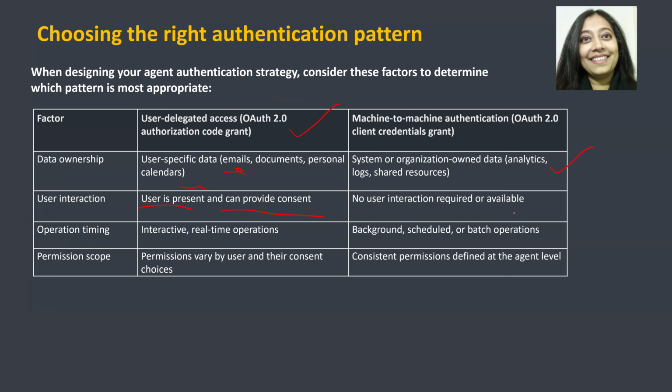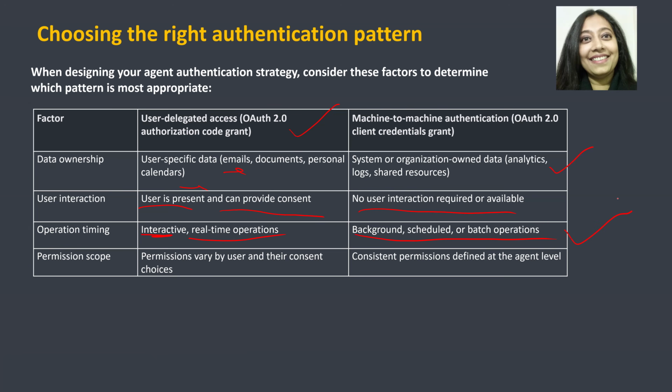No user interaction available or required, use machine-to-machine. If your workflow or your agent is interactive and has some real-time operations like accessing somebody's email or calendar or maybe some other action, use user delegated access. Any kind of background scheduler or batch operations that happen behind the scenes, with no user interaction, use machine-to-machine.